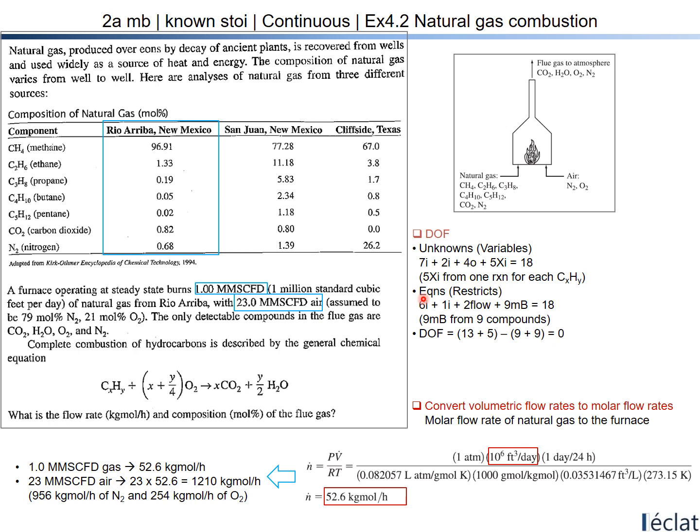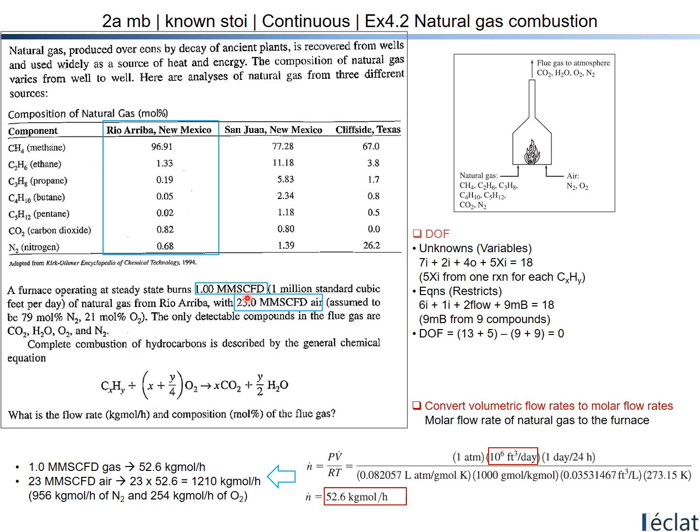And then let me try to calculate some flow rates and compositions. We have some bases here, 1 mmSCFD natural gas and 23 mmSCFD air.